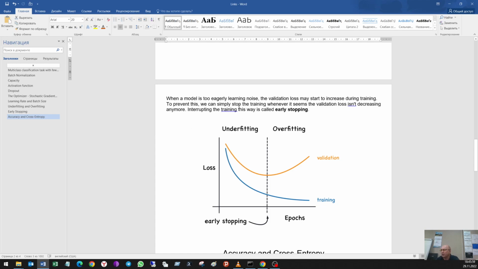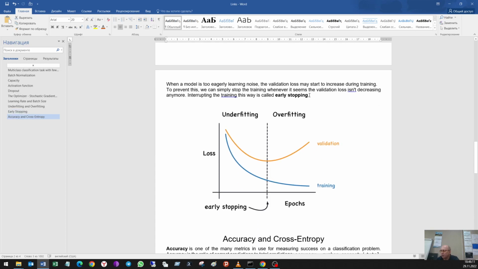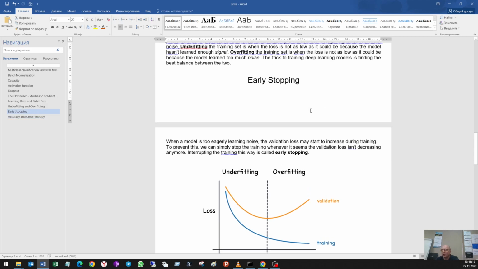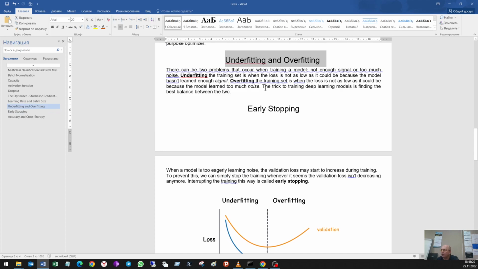To prevent this, we can simply stop the training whenever it seems the validation loss isn't decreasing anymore. Interrupting the training this way is called early stopping, but it's not the only method for stopping overfitting or underfitting.